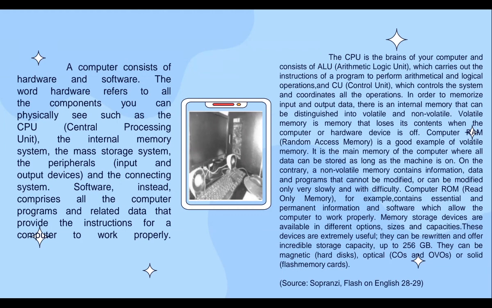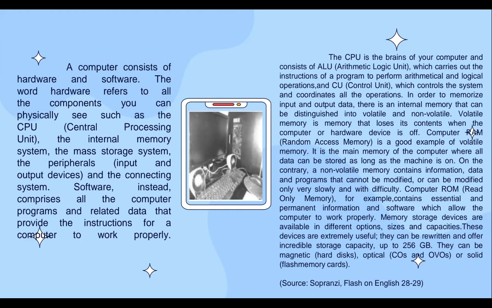The CPU is the brains of your computer and consists of the ALU or arithmetic logic unit, which carries out the instructions of a program to perform arithmetical and logical operations, and the CU or control unit, which controls the system and coordinates all the operations in order to memorize input and output data.